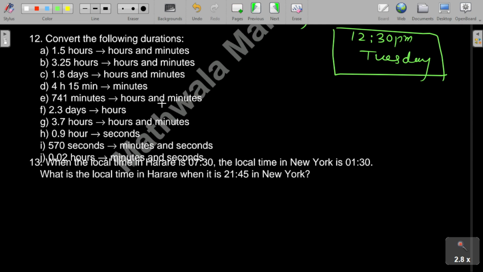Convert the following durations. 1.5 hours in hours and minutes. 1.5 hours means 1 hour plus 0.5 hour, and we know that 0.5 we can write 1 by 2, and in 1 hour there are 60 minutes, then in 1 by 2 hour there are 30 minutes.